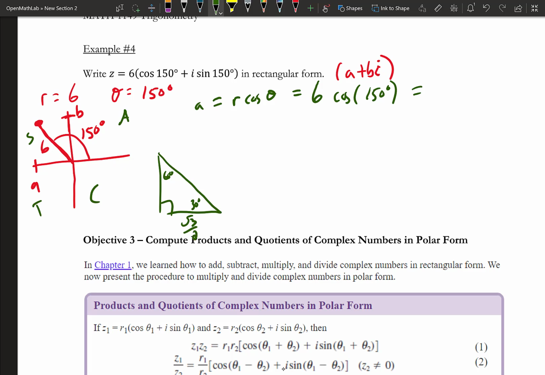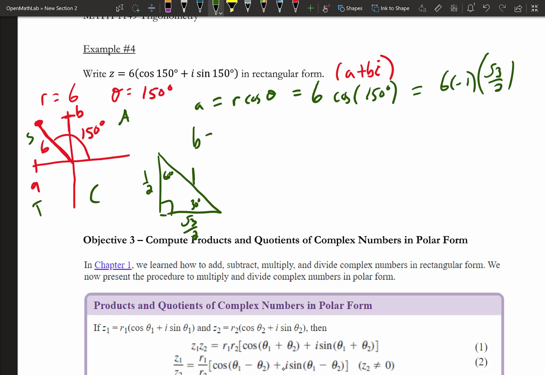Radical 3 over 2, 1/2, and 1. Right, so cosine is negative in the second quadrant. So this would be 6 times negative cosine of 30 degrees, which is radical 3 over 2.